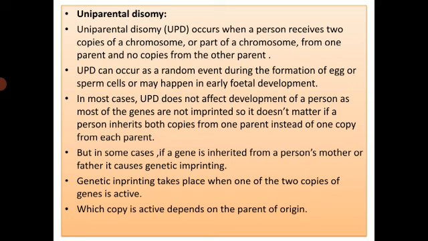The deletion arises differently during the maternal or paternal gametogenesis. So, in short, when the person receives two copies of chromosomes or part of a chromosome from one parent, then only uniparental disomy occurs. So, let's first study Angelman syndrome.